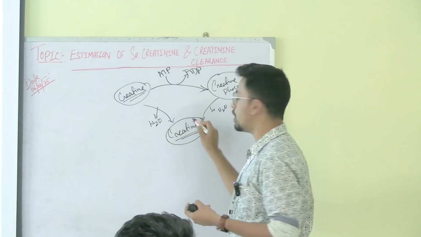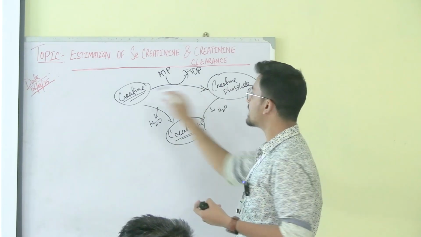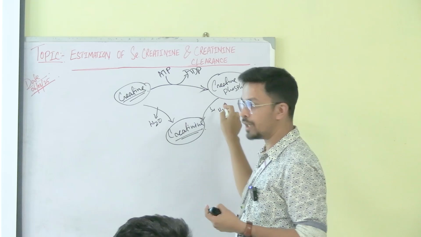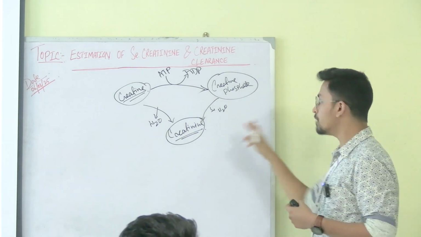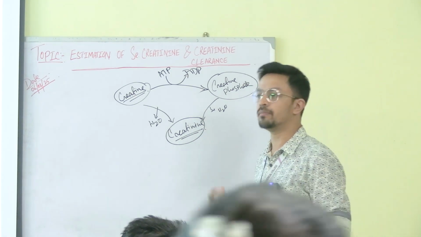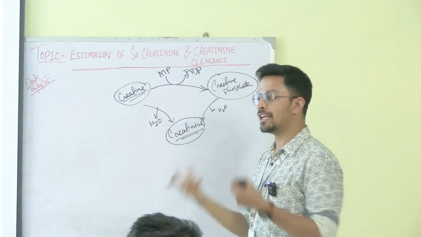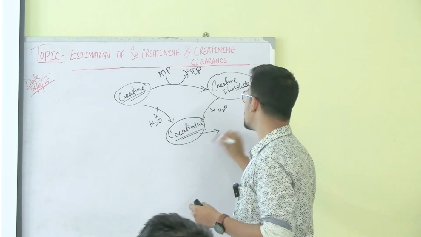Once this creatinine is formed, it is unwanted material for us. These two act as a source of energy, but creatinine is unwanted for our body. When creatinine is formed, it will circulate in the blood, get to the kidney, and the kidney will filter it out. And now this creatinine causes what?